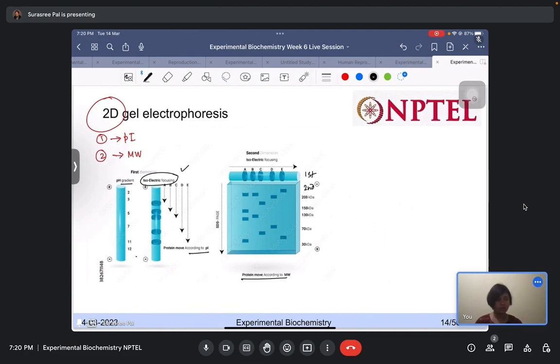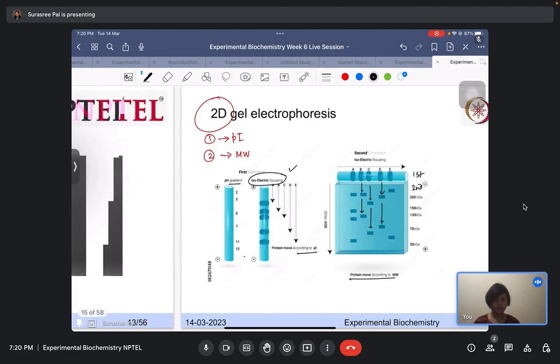Now when we run these proteins which have come to pH 5 on an SDS page, all these proteins will now be separated. You can see that they will be separated according to their molecular weight. So this means there are two dimensions of resolution applied here, which is why it is called 2D gel electrophoresis.